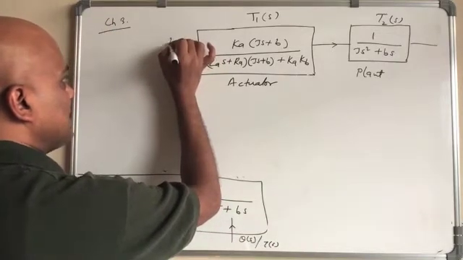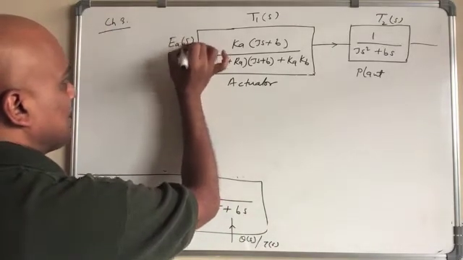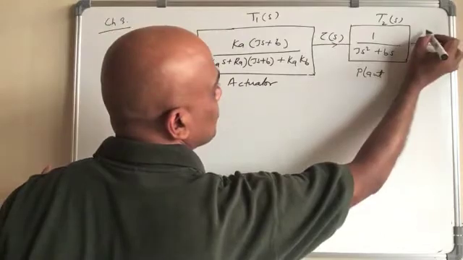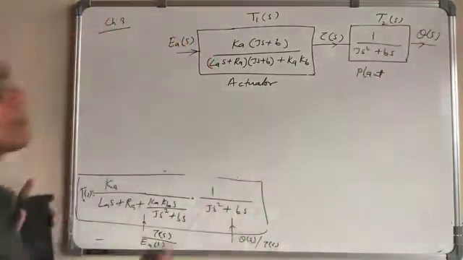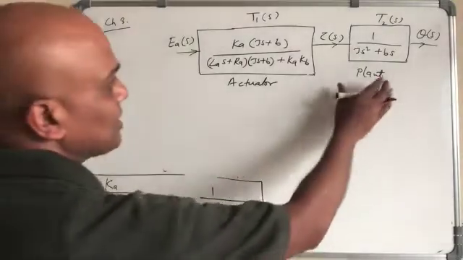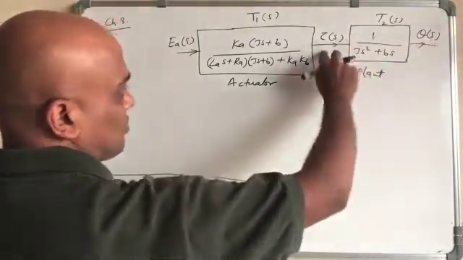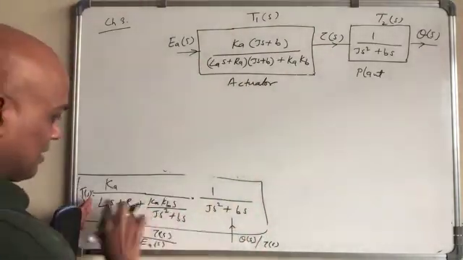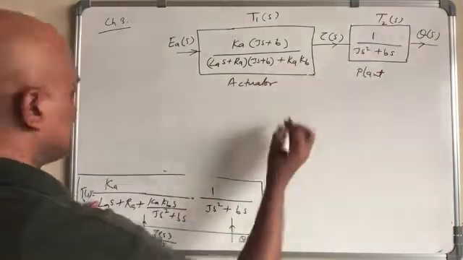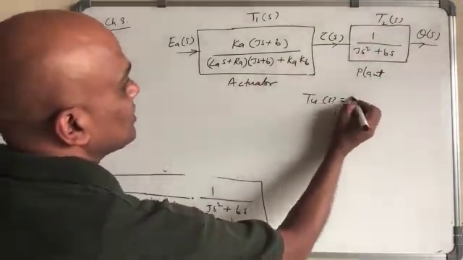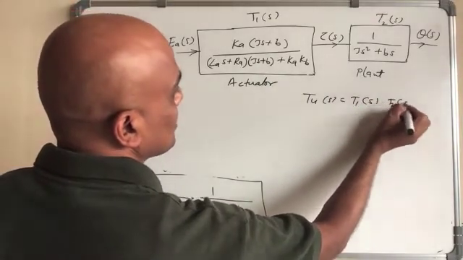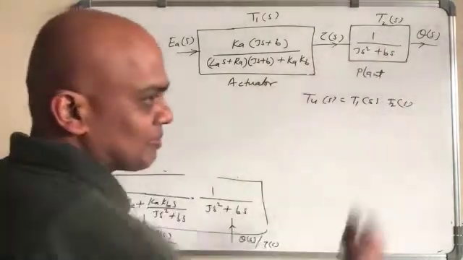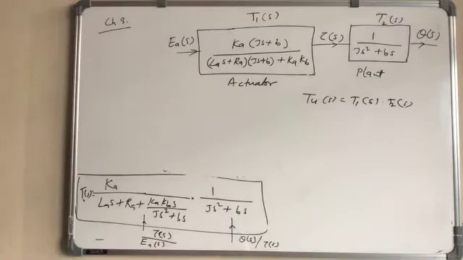You have EAS, here tau S, and here theta S. This is the block diagram. Plant output is theta S, input is tau S. For the actuator, the output is tau S and the input is ES, and the whole thing is given by this multiplied by this one. So TUS will be equal to T1S multiplied by T2S. Since they are in series, the output of one is the input of the other, hence you have this.